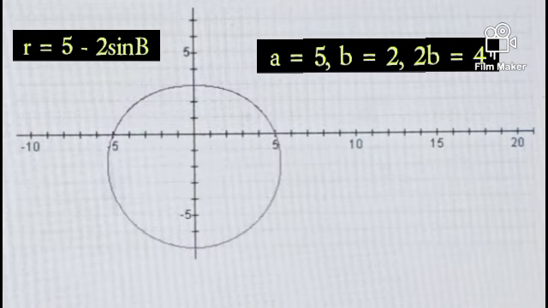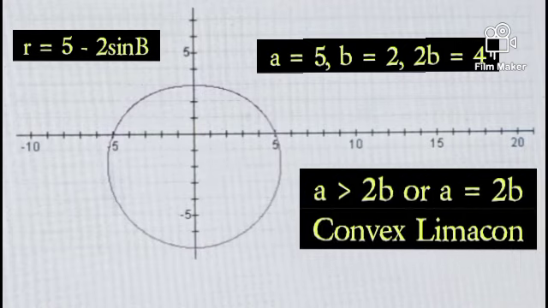And we calculate the value of 2b, or twice the value of b, which is equal to 4. And you can see that a is greater than 2b, which is 4. 5 is greater than 4.